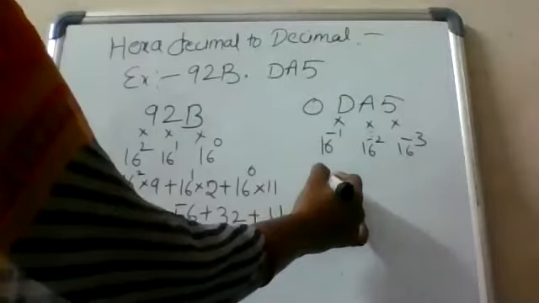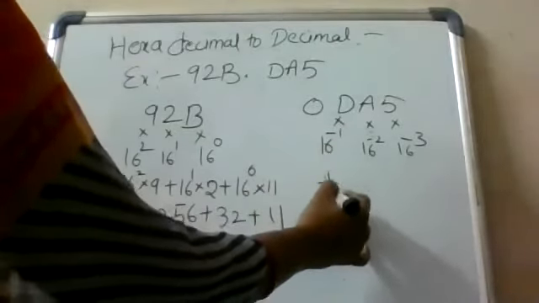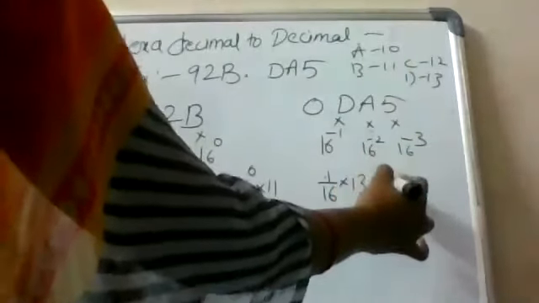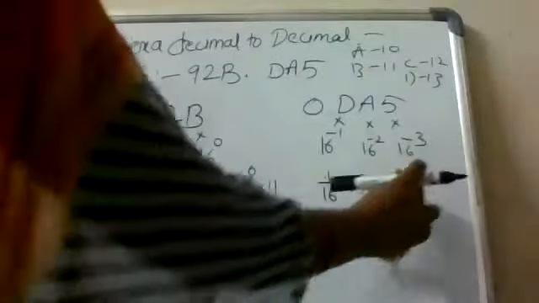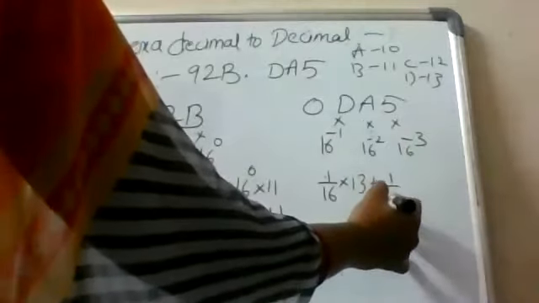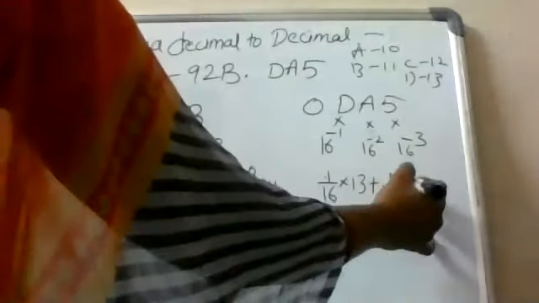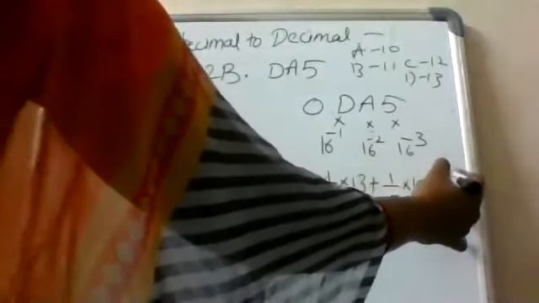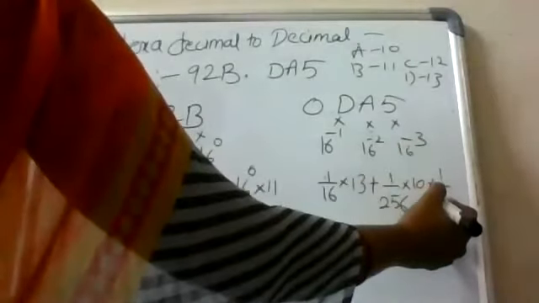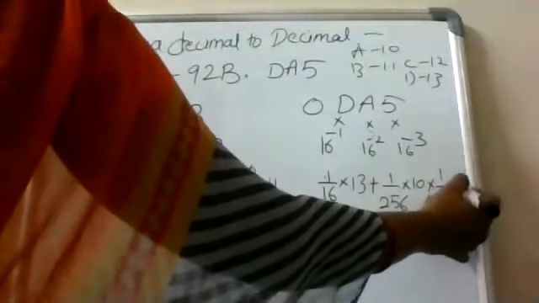Here 16 power minus 1 means 1 by 16, into D. A means 10, B 11, C 12, D 13. So 1 by 16 into 13, plus 1 by 16 power minus 2, that is 1 by 256, into A, which means 10, plus 1 by 16 power minus 3, that is 1 by 4096, into 5.